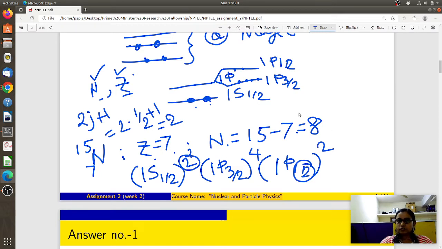Now we will write the neutron configuration as well as the proton configuration.